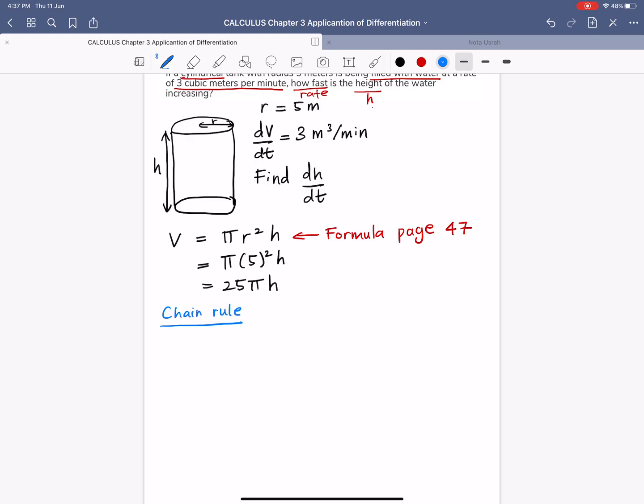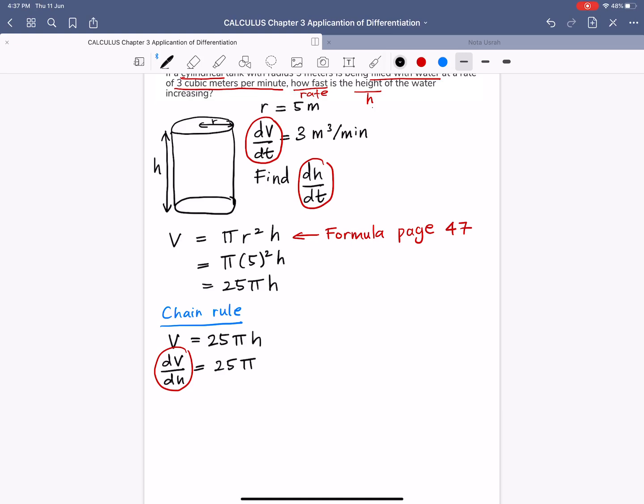Because we already have V equals 25 pi h, where V is in terms of h, we can find dV dh, which is 25 pi. Then we want to utilize these three terms, dV dt, dV dh, and dh dt, and put them into a chain rule.